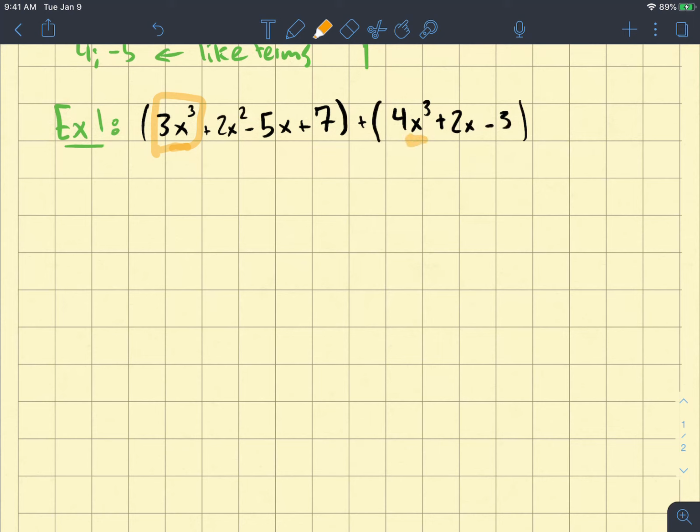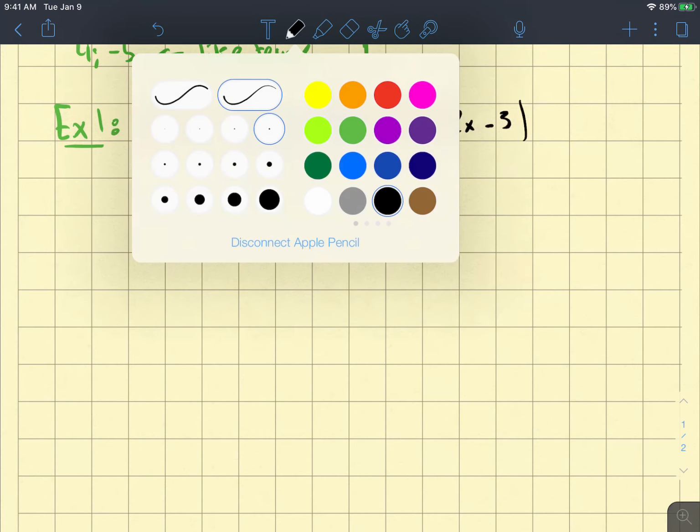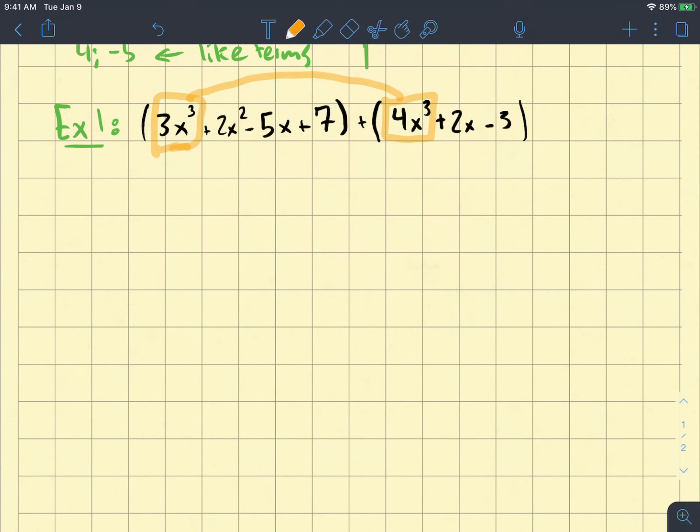Right here is our x cubed. So we're going to have 4x cubed plus 3x cubed. We're going to combine these together. That's going to give us 7x cubed. Remember, we add only the coefficients, and the exponents and the variables stay the same. This is like saying you have 3 cats here and 4 cats here. You're going to have a total of 7 cats.